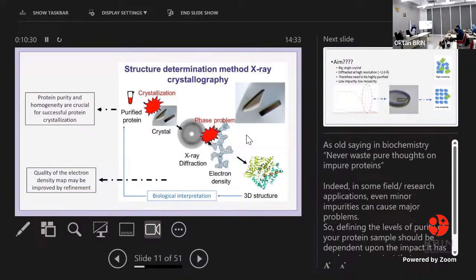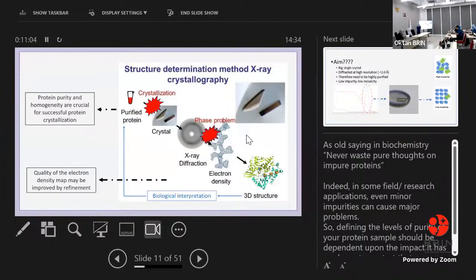Okay, so this is the process or method that I followed throughout my studies. First, we have to get as much of the purified protein as possible, then get the protein crystals, diffract them, and solve the 3D structure.